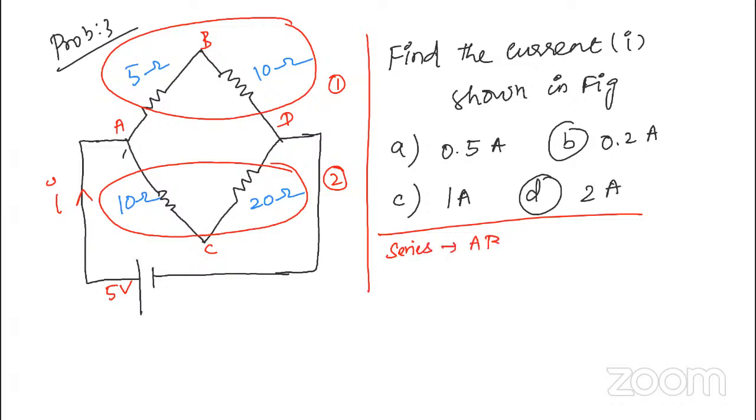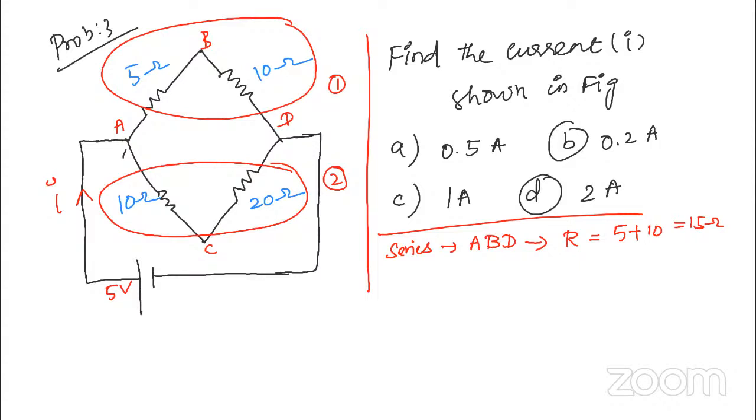What is the value of R for ABD? It is 5 plus 10, it is 15, right? 5 plus 10 is equal to 15 ohms.